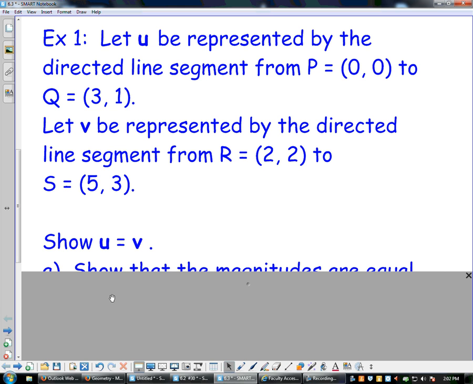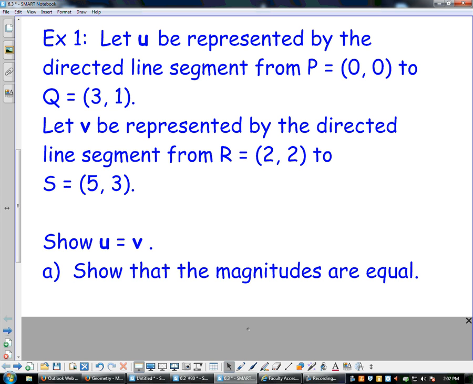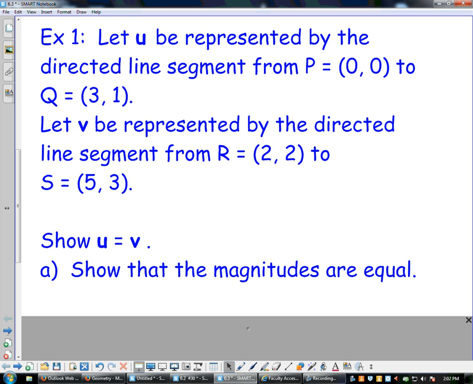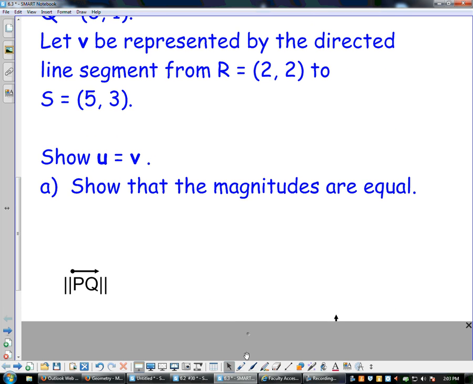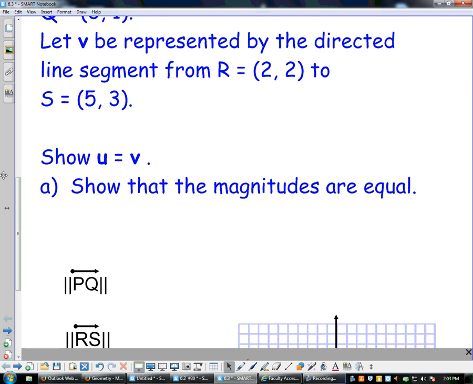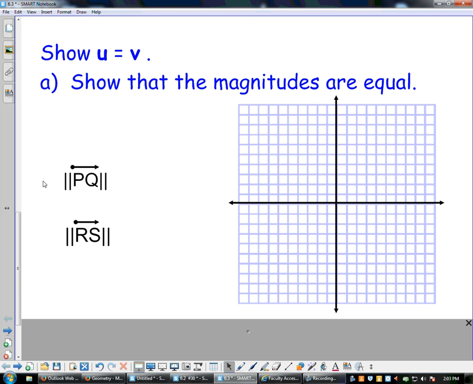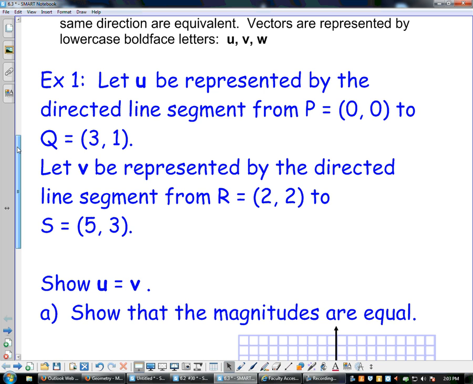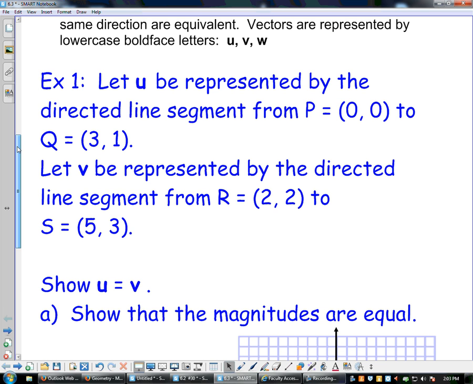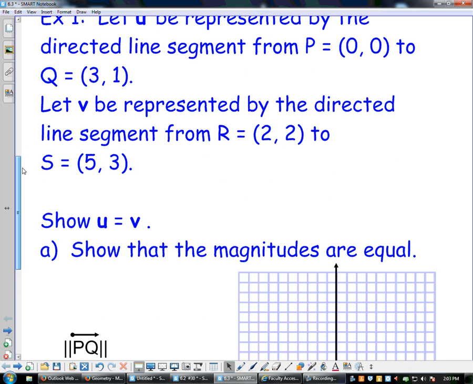I'm asking you to show that the magnitudes are equal. How do we do that? Distance formula. We're finding the magnitude of PQ, so let's draw PQ. Did I give you a little graph to put this on? So 0, 0 to 3, 1.